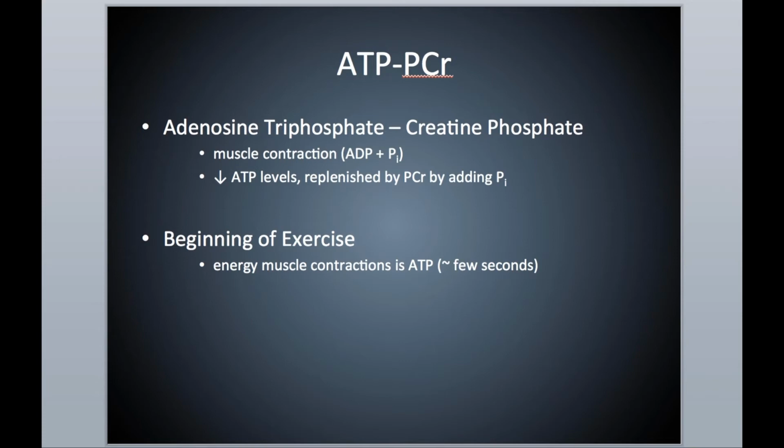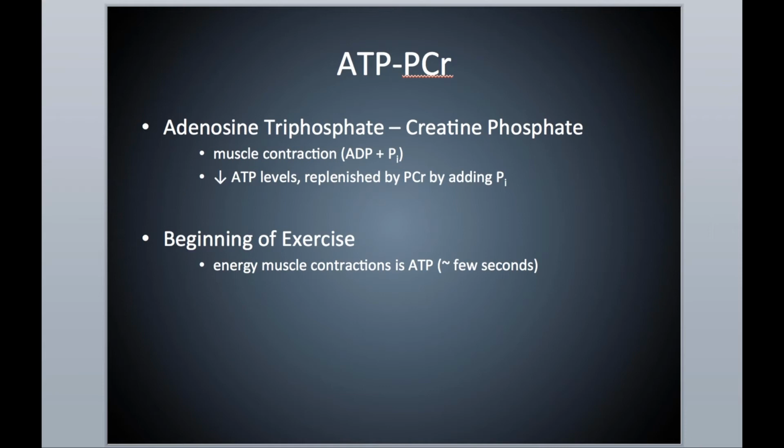All right, the ATP-PCR system, the very first one here. It stands for adenosine triphosphate-creatine phosphate, or phosphocreatine. So in the muscles, we're going to be breaking apart ATP, and we're going to be creating ADP and inorganic phosphate. Just to remind you, if you don't remember what ATP, ADP, all that stands for, refer to the skeletal muscle function section within the textbook.